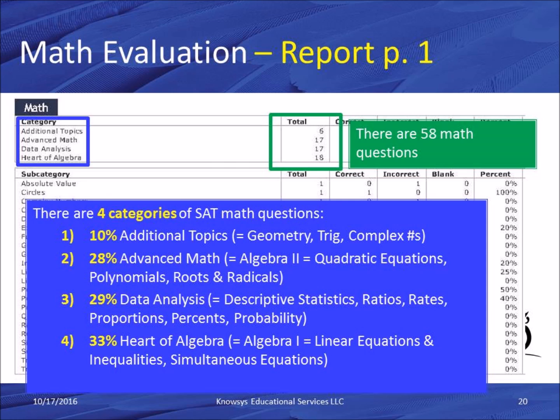About 30% data analysis. That's descriptive statistics, ratios, rates, percents, proportions, probability, reading graphs, that kind of thing. And then another third on heart of algebra. That's basically algebra 1, so it's your linear equations and inequalities, your simultaneous equations, that kind of thing. So those math categories are on every single SAT that you take.